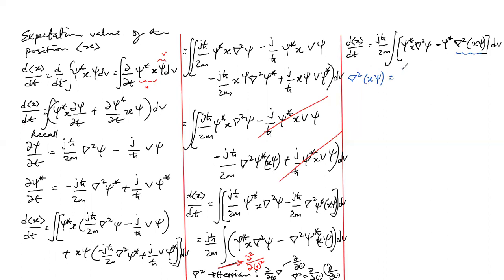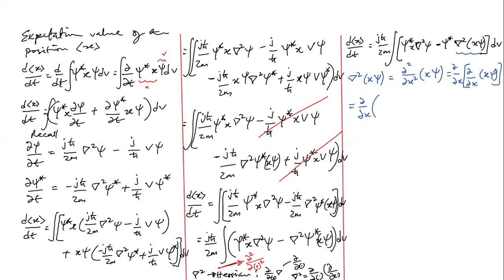This is going to be the same as the second derivative with respect to x, d squared by dx squared, of x psi, right? And then we can solve this in sequence, step by step. So let's explode this: d by dx times d by dx of x psi, right? So we're actually writing the same thing. So this is d squared by dx squared, right? We want to solve them in parts.